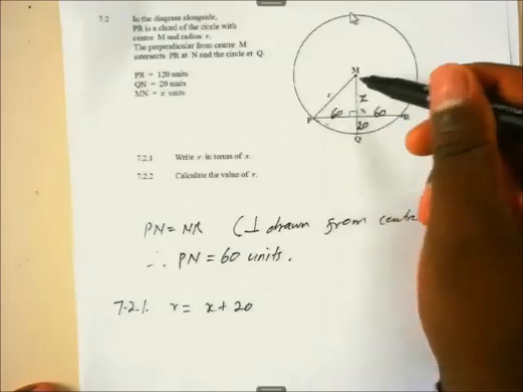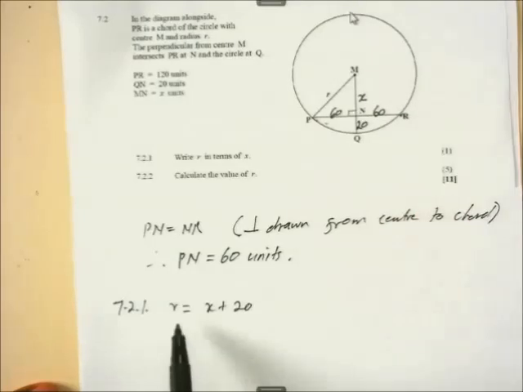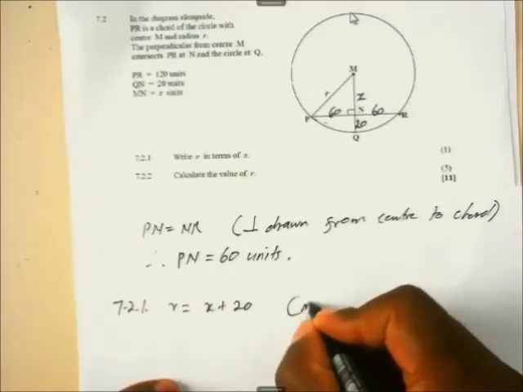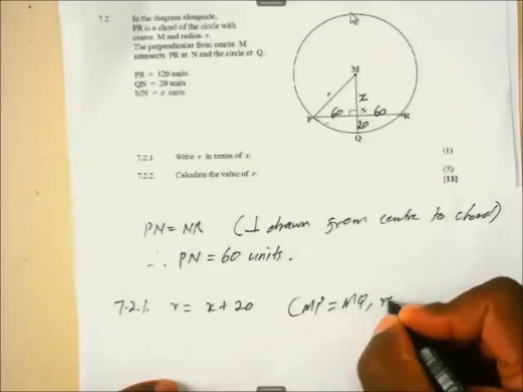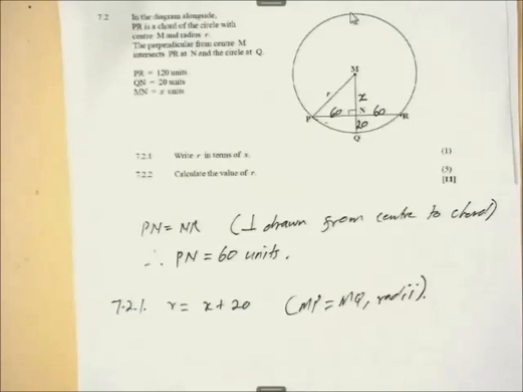MP is R, MQ is X plus 20. So R is equal to X plus 20. The reason is that MP is equal to MQ, and they are both radii. The first question is answered. We have expressed R in terms of X.